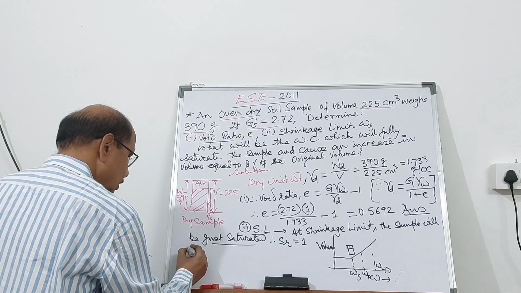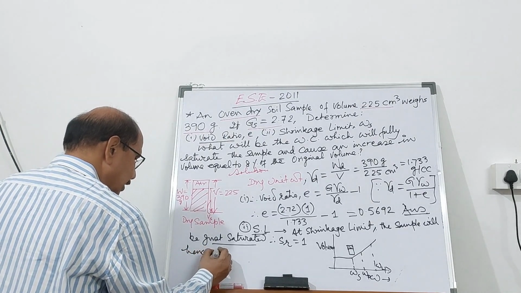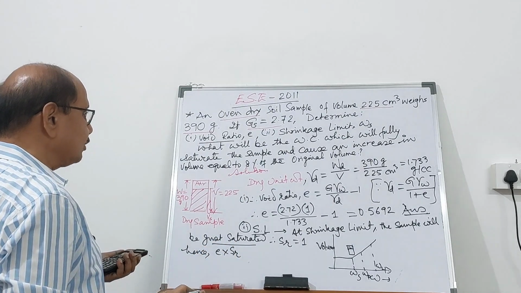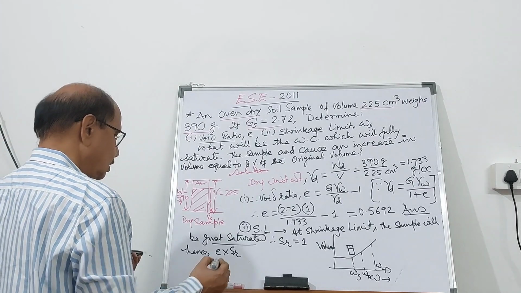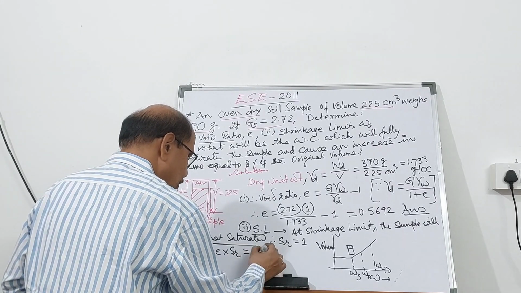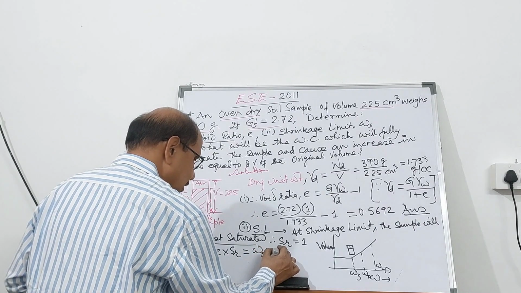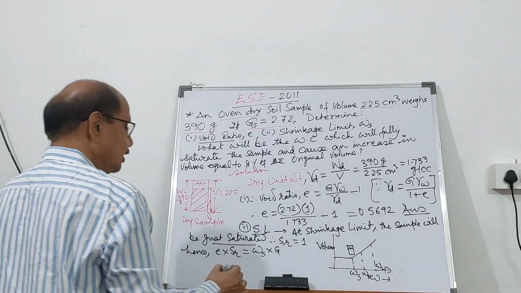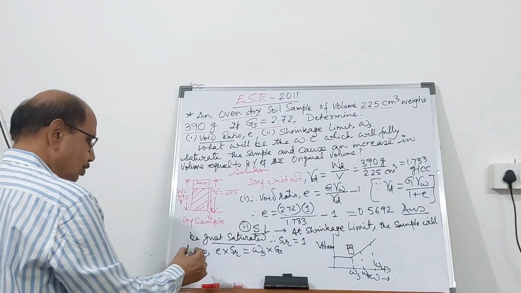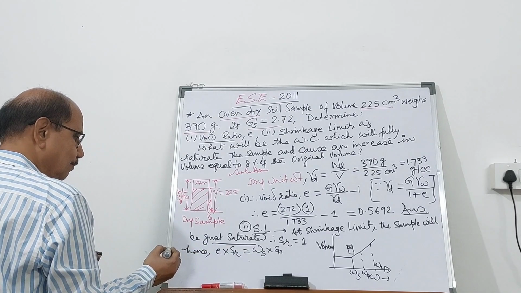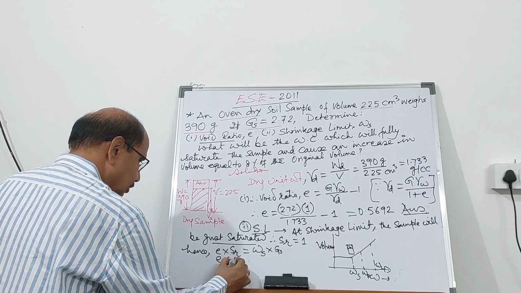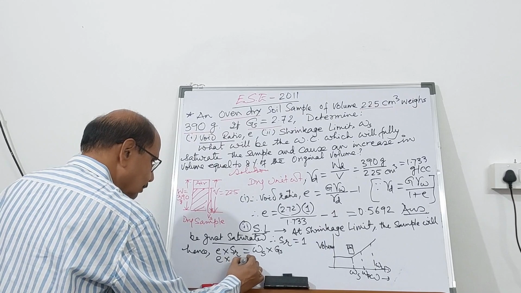Hence, the relationship, void ratio into degree of saturation Sr, must be equal to the shrinkage moisture content Ws into the specific gravity of soil solids.